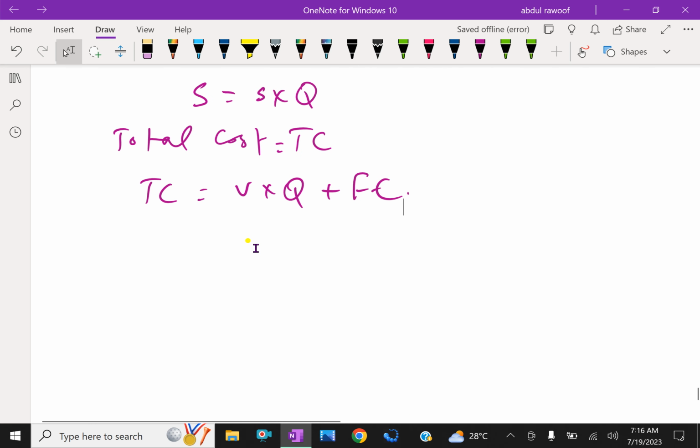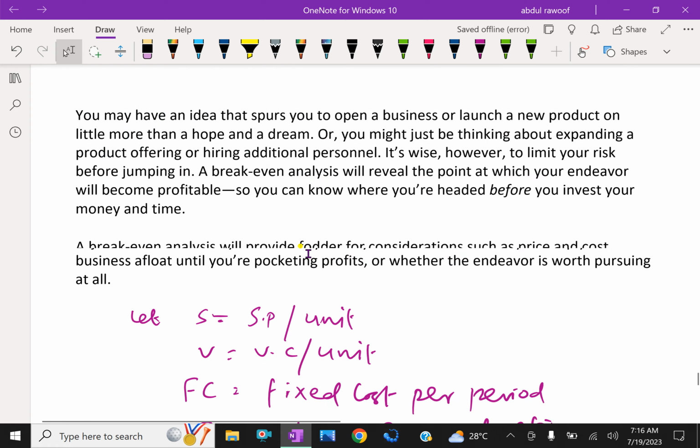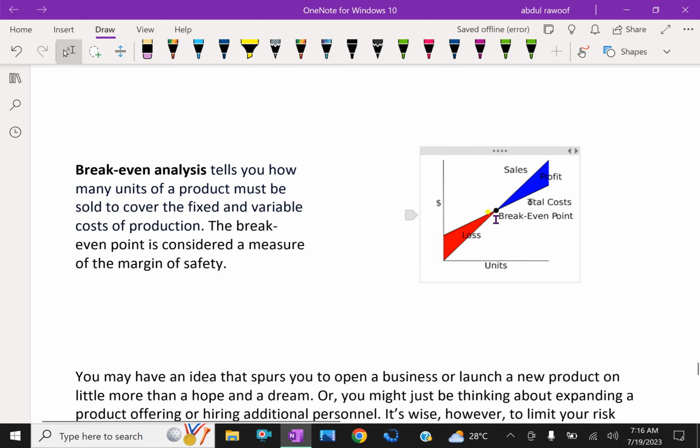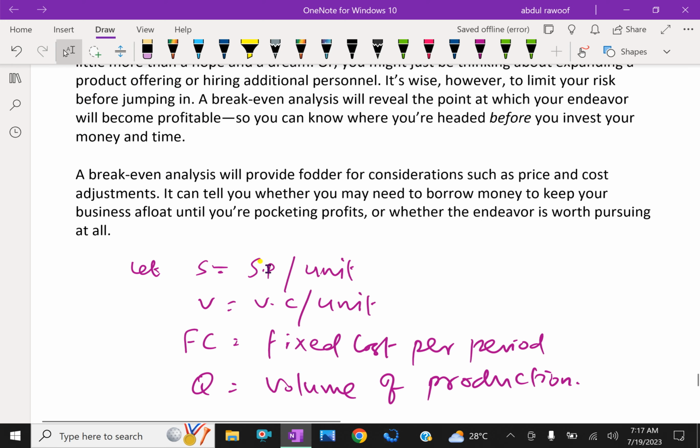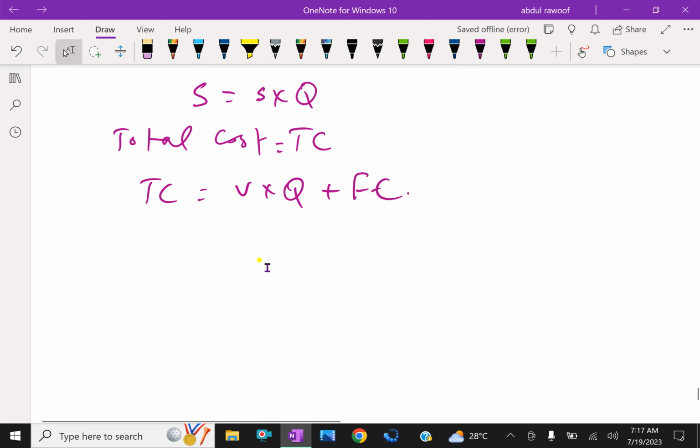Now, the break-even point here, this point is the break-even point, and that is where the total cost is. The corresponding volume of production on the x-axis is known as the break-even sales quantity.